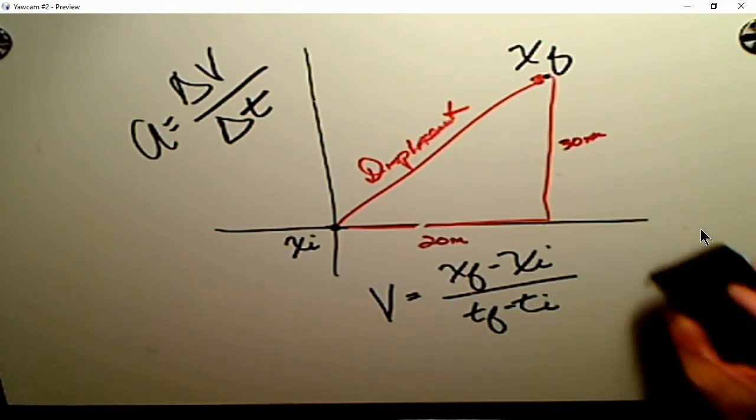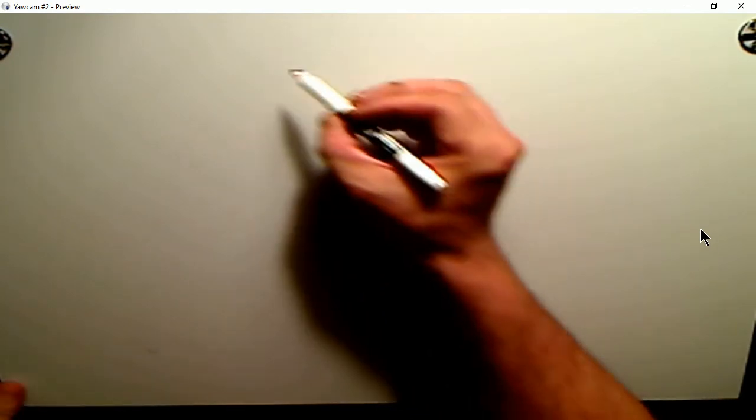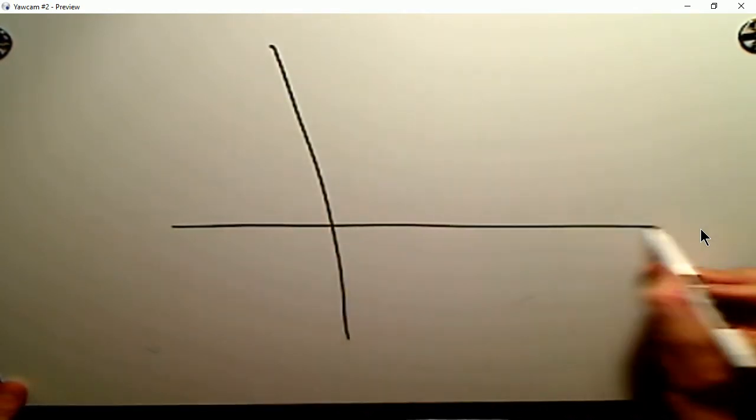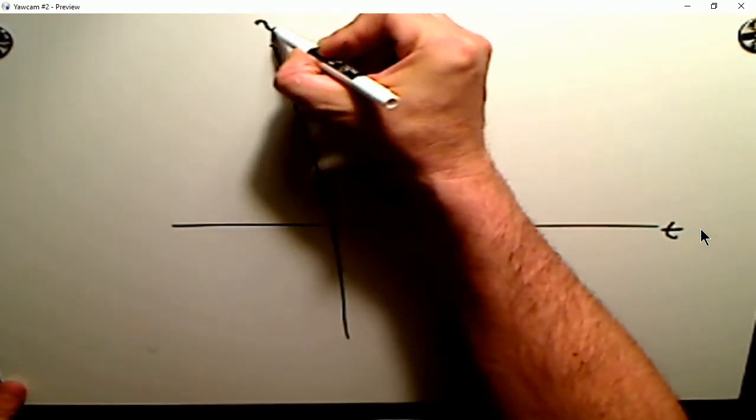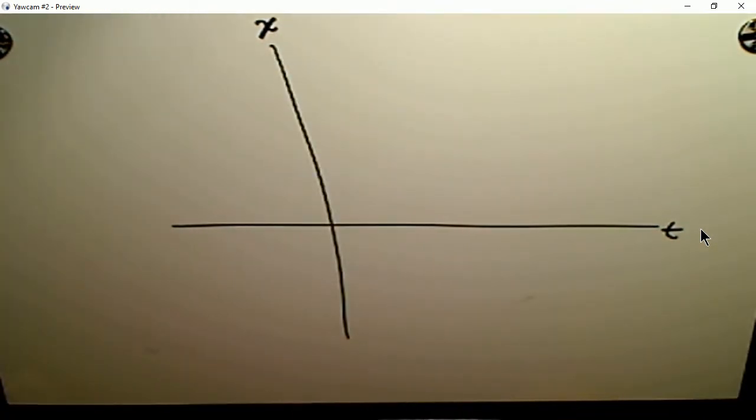Let me draw out something else here. Suppose I'm talking about a distance with time, because we can have a non-uniform velocity, or a non-uniform acceleration.